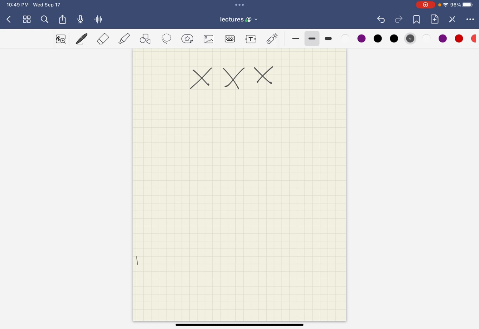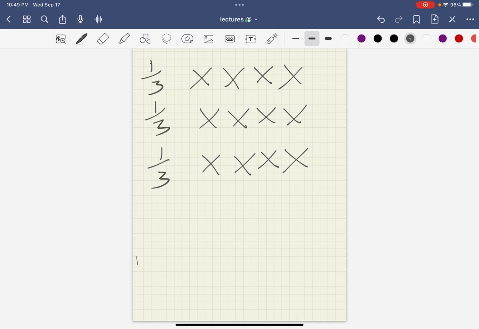So 12 divided by 3 would be 4 in each group. Okay, so that's a total of 12, and we have them divided into thirds. So this is 1/3, this is 1/3, and this is 1/3.